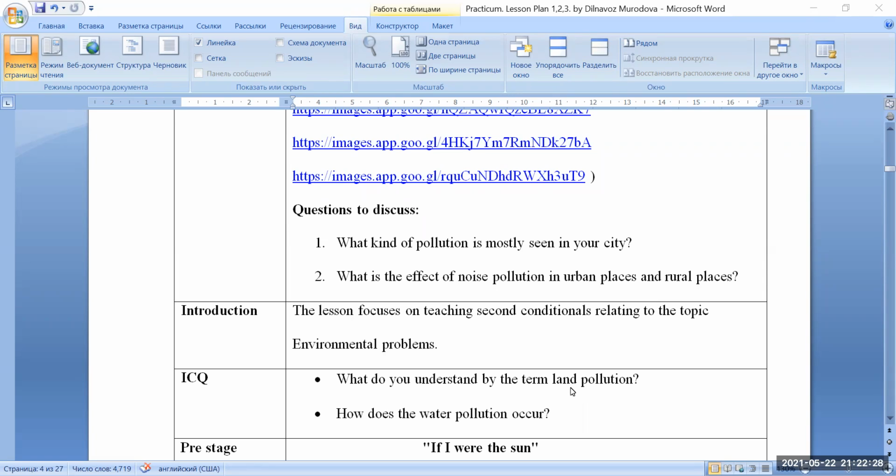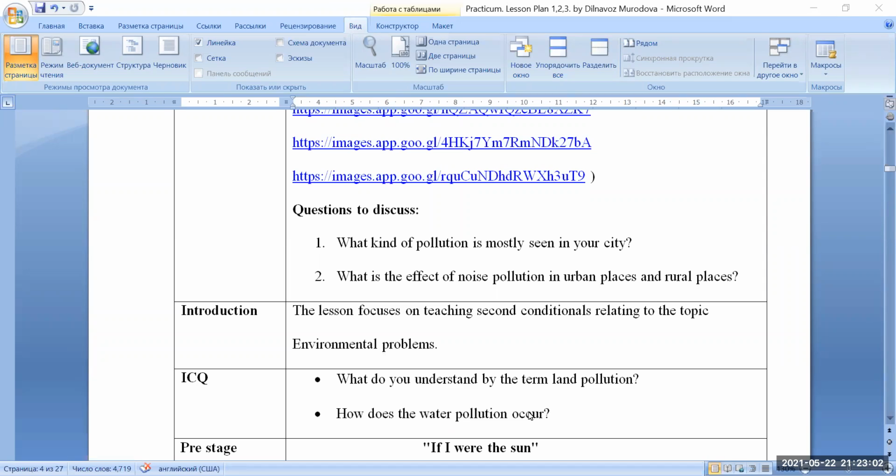I can say that when we face land pollution, the land is harmed by unnecessary things, as Aziza has mentioned, from garbage. We can harm the land with plastic or metal things which are harmful for the land. That's what I wanted to mention. Yeah, thank you very much.